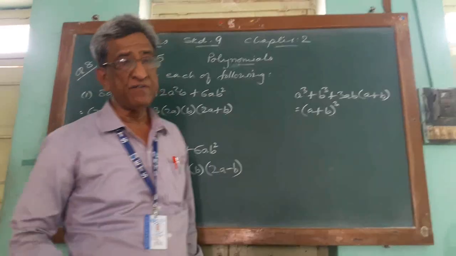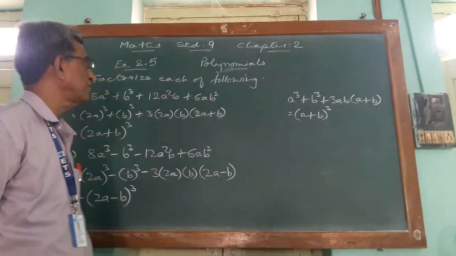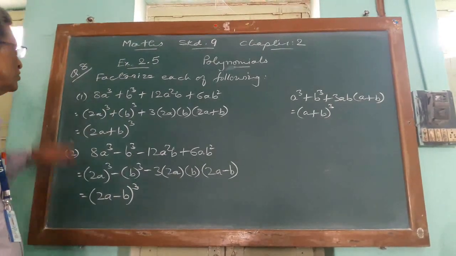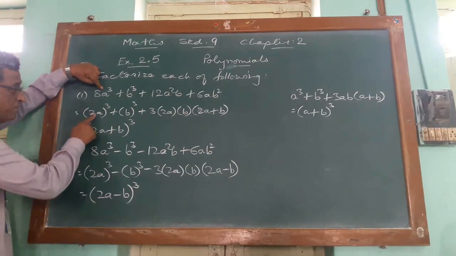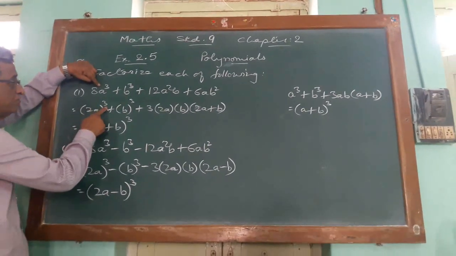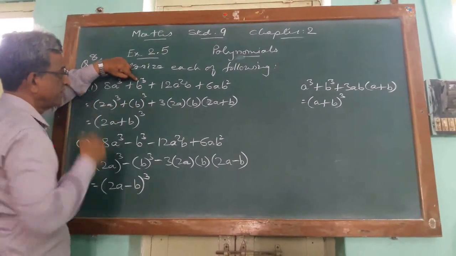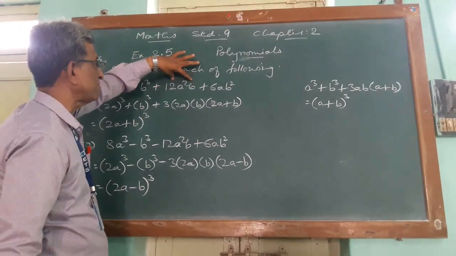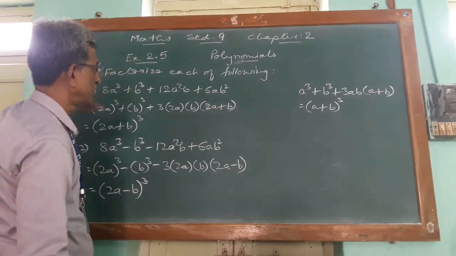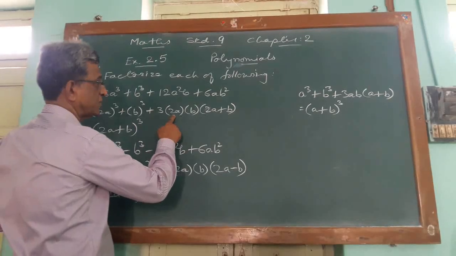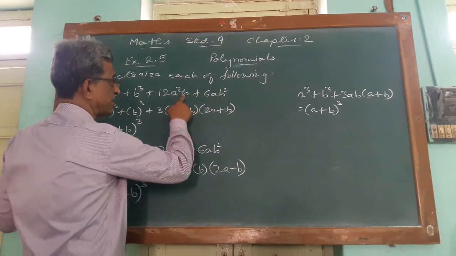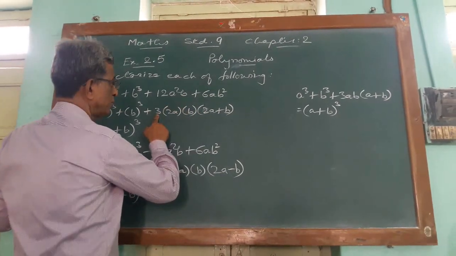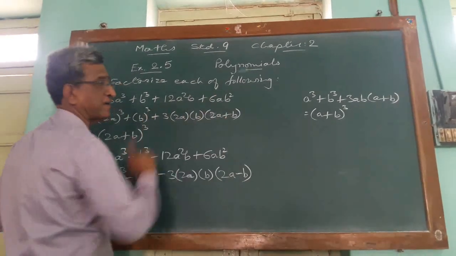So this is the reverse formula of question number 7. So instead of 8a cube, we can write 2a whole cube, b cube. Now split this 12a square b like this. 2 3s are 6, 2s are 12a square b and 2 3s are 6ab square.